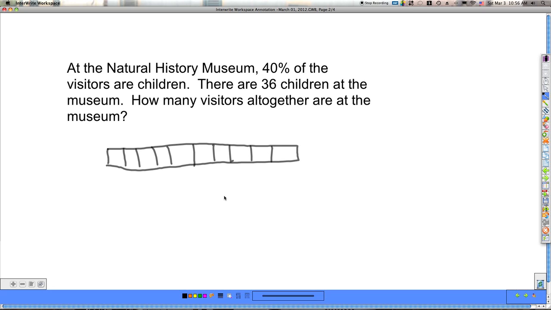We've got some visitors at the Natural History Museum, and 40% of them are children. So altogether, the 100% is going to be the number of visitors. 40% of them are children, so let's show that. There's 40%, and that's children.